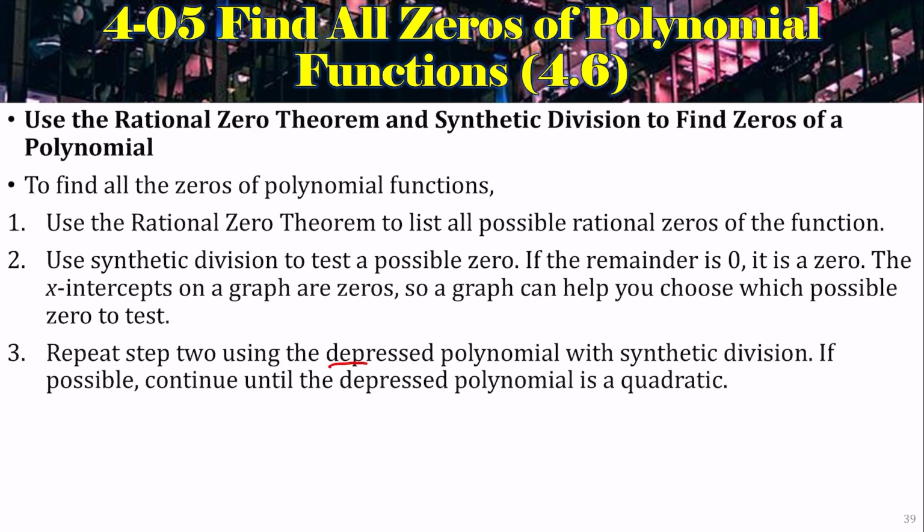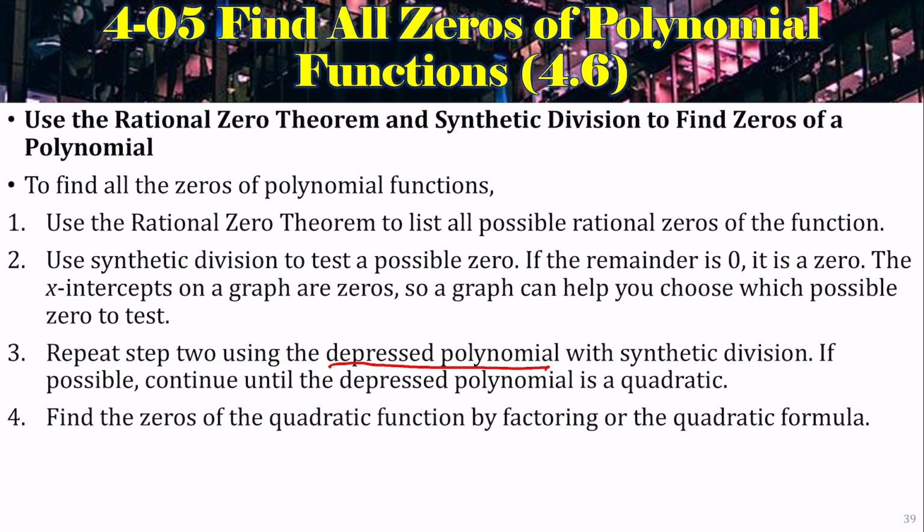You repeat using the depressed polynomial for the next time around, and then that depressed polynomial for the next time around, until the depressed polynomial is quadratic. And then you can find the zeros of the quadratic by factoring or using the quadratic formula.